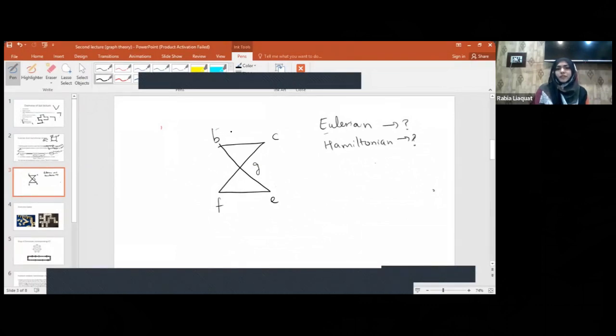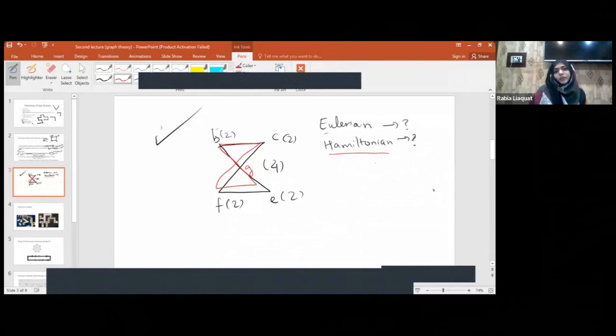Degrees are 2, 2, 4, 2, 2. Every vertex has even degree, so this is Eulerian graph. Let me draw a path from B to C. Yes, every edge exactly comes once, and there is no repetition of edge. So this is Eulerian graph.